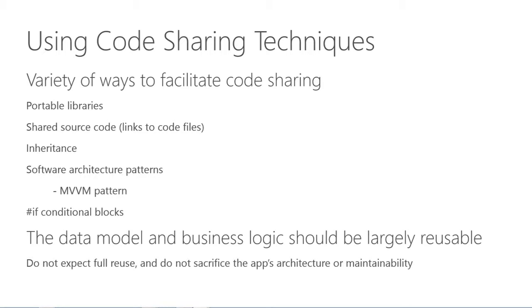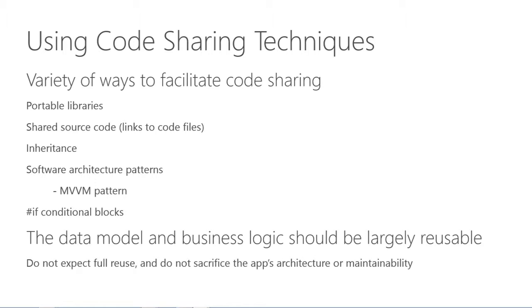We're going to go into these in a lot more detail in the final session of the course today, but things like portable class libraries, that is, sharing of source code between projects and solutions, inheritance, software patterns like I talked about earlier, MVVM. And then I would say almost as a last resort, conditional blocks. We'll talk about all those later.